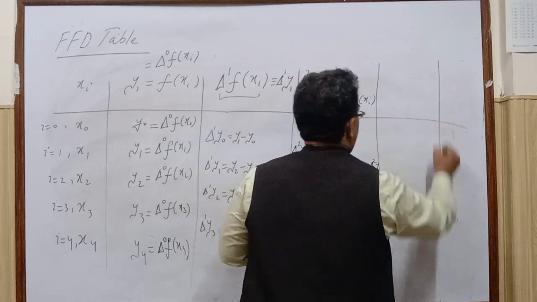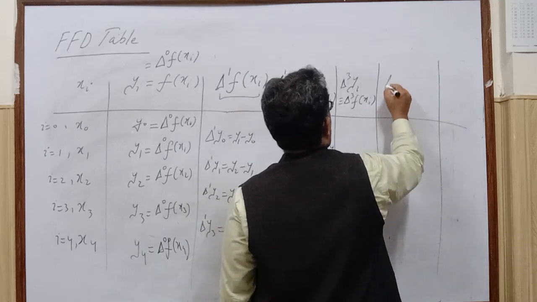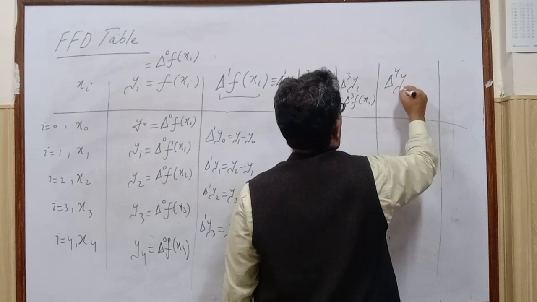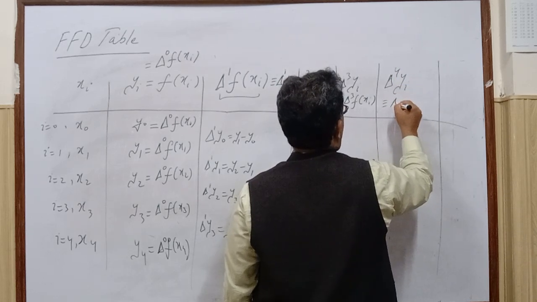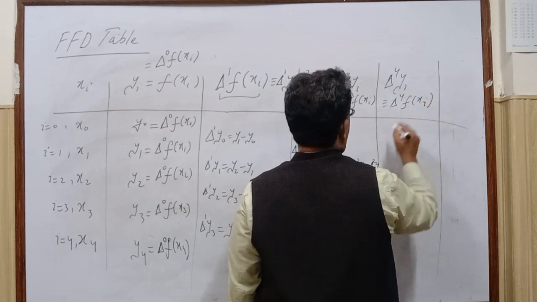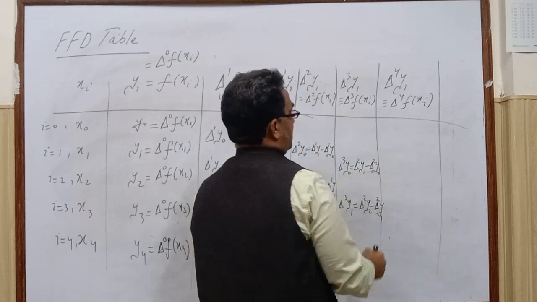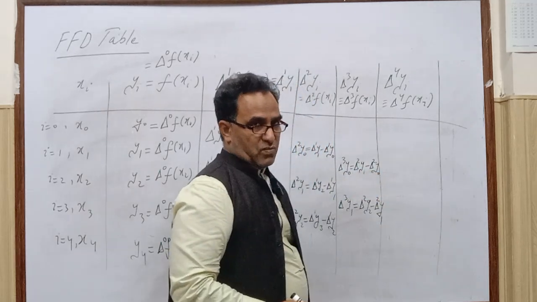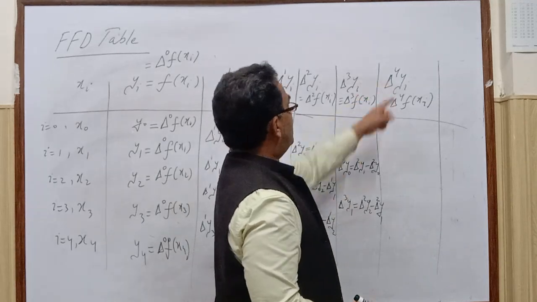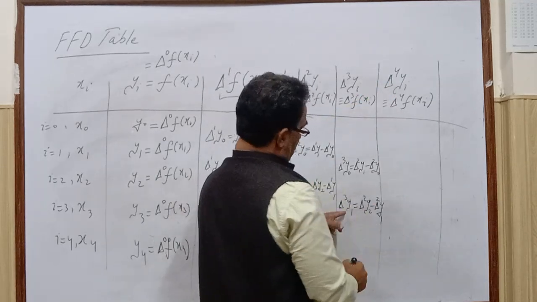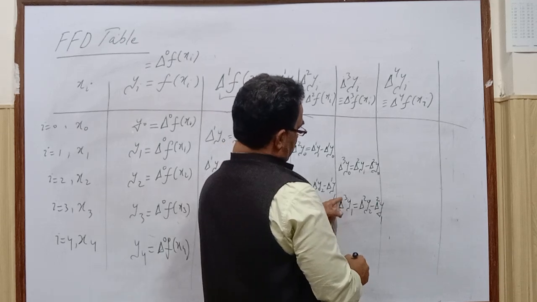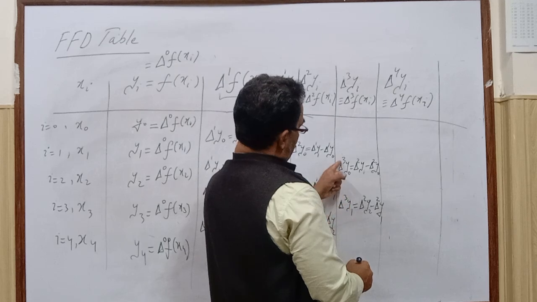Now for the last one, the fourth order or fourth forward finite difference is written like this, delta 4 f of xi. Over here in this column only one forward finite difference is possible, that is of the fourth level, and that is the difference of these third level forward finite differences, delta 3 y1 minus delta 3 y0.